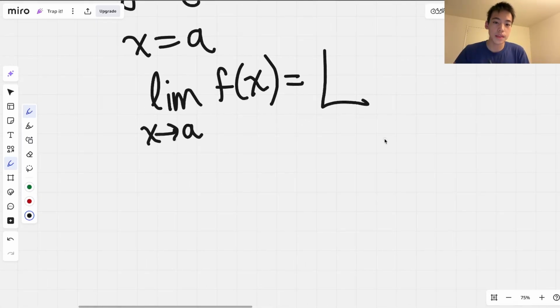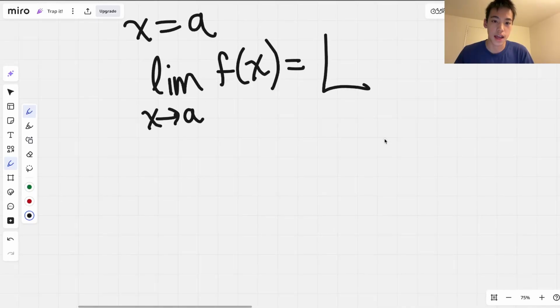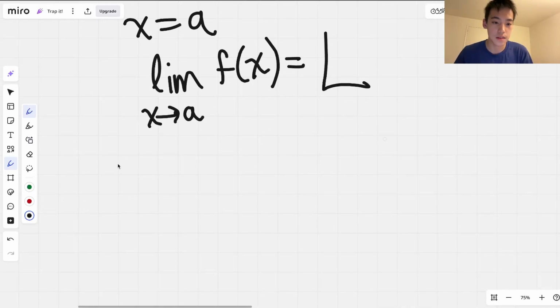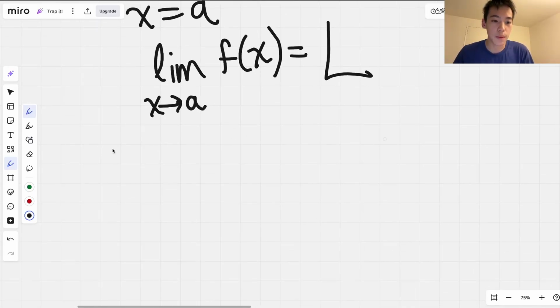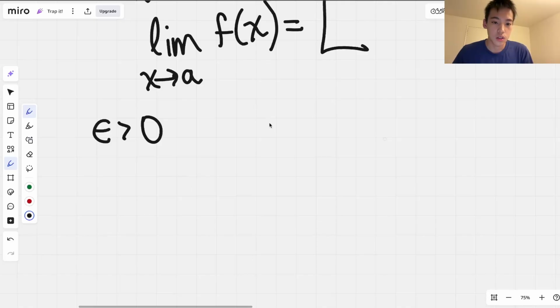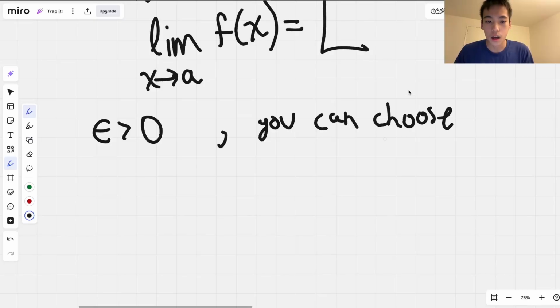Now what the definition tells you is that if this is valid, then for all epsilon greater than 0, and epsilon is just any positive number, just a variable, you can choose another constant, delta greater than 0.